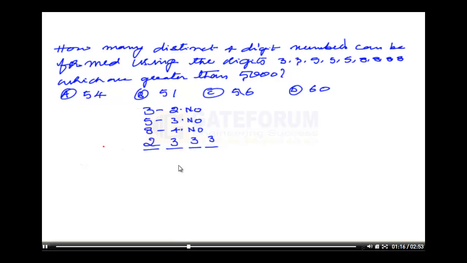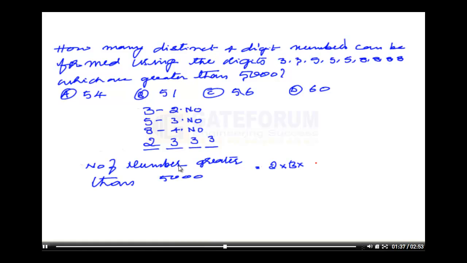Hence the total number of numbers greater than 5000 is equivalent to 2 into 3 into 3 into 3, that is 54.